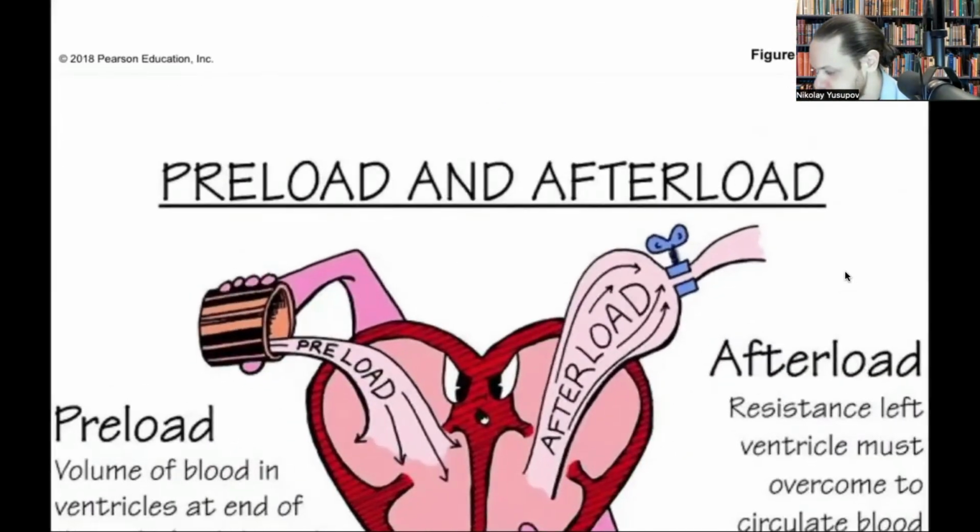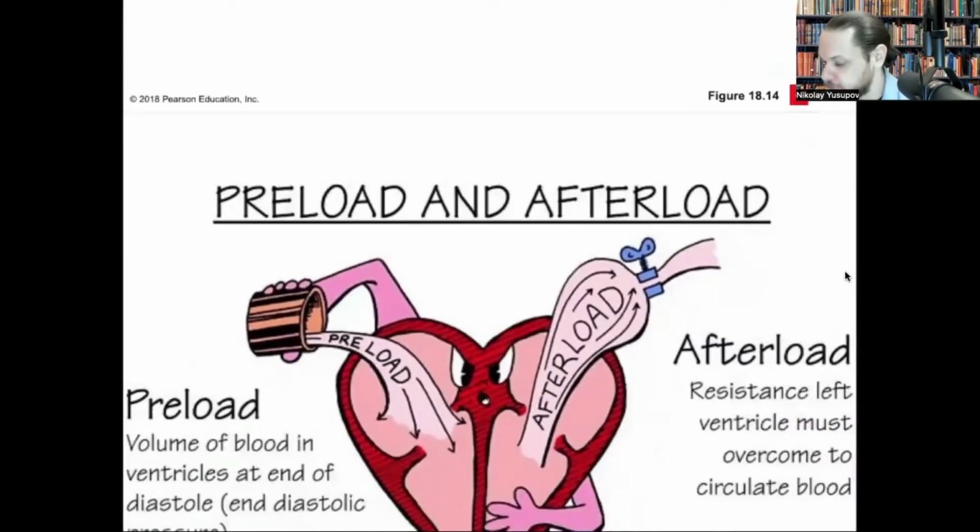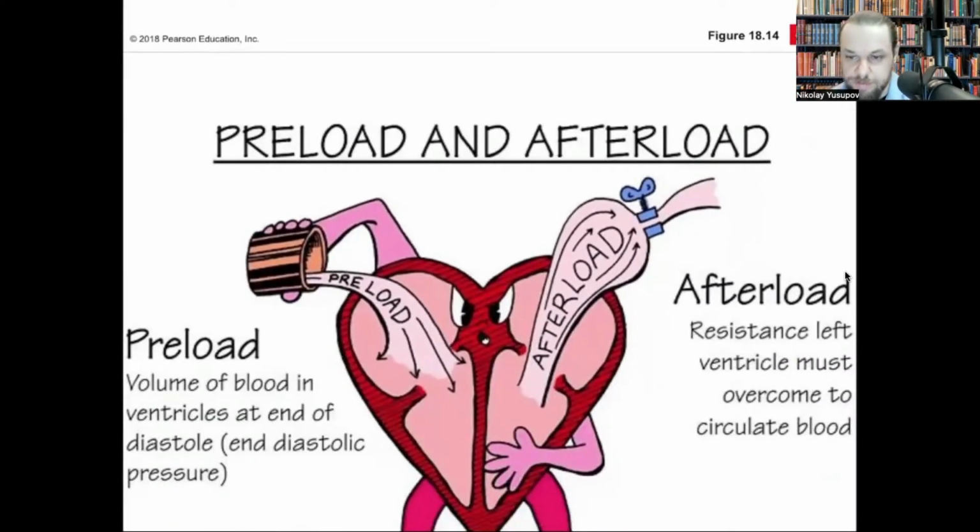All right, no questions? The other stuff we're going to go through is these terms: preload, afterload, all of that. So what is preload? Preload is everything that's coming into your ventricles before it contracts. As you know about Frank-Starling's law, the bigger the stretch, the stronger the contraction, certainly up to a point. Preload is what brings that blood in, causing that stretch.